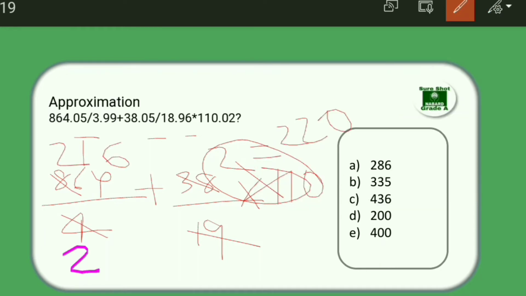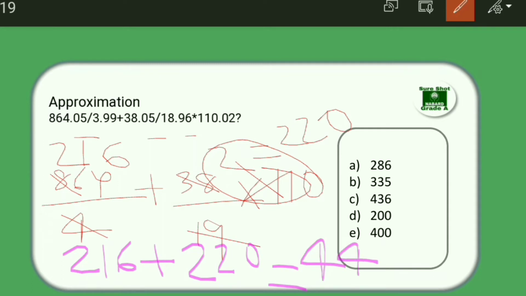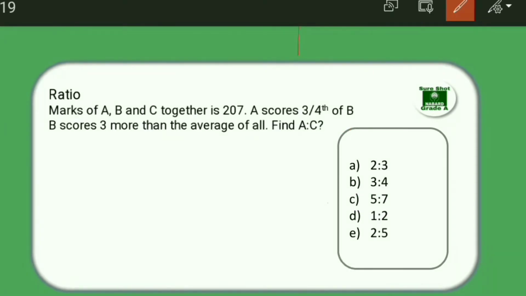So 216 plus 220 comes to 436. Here is 436.